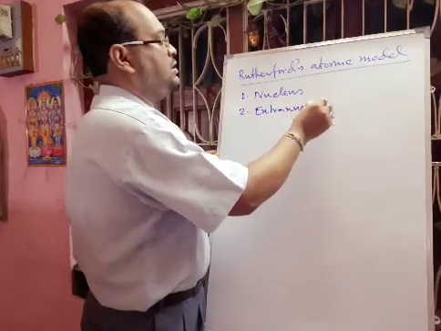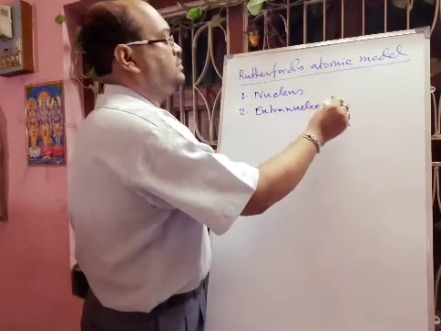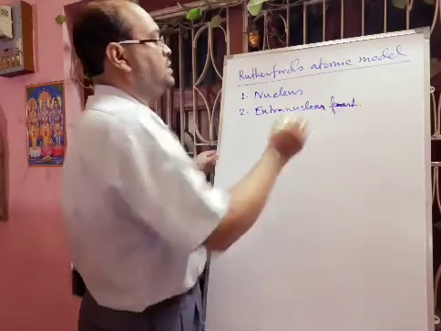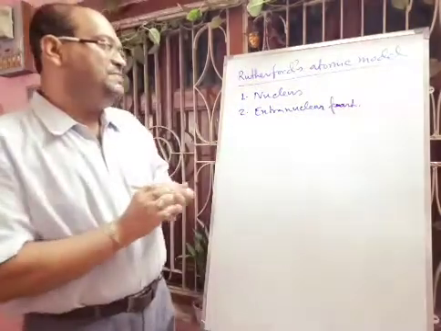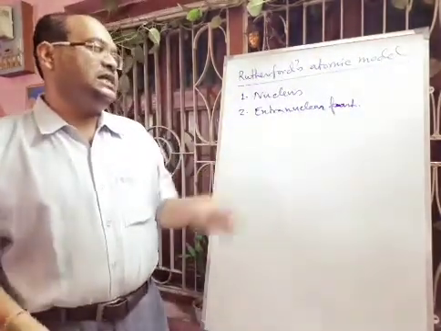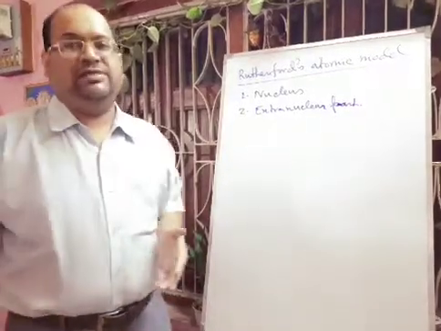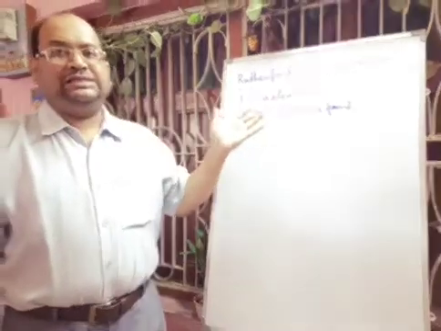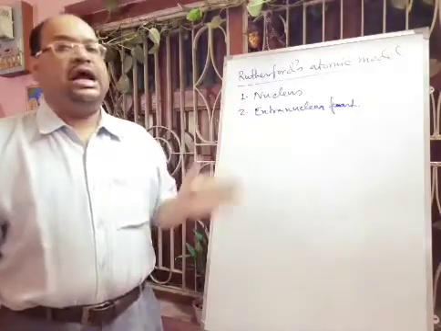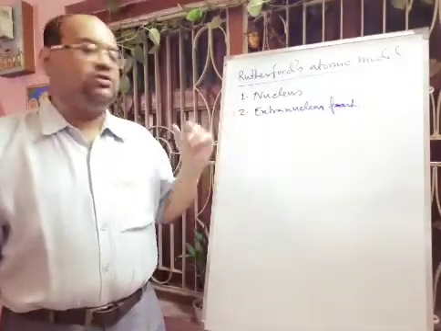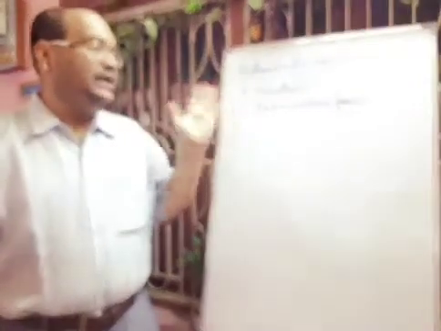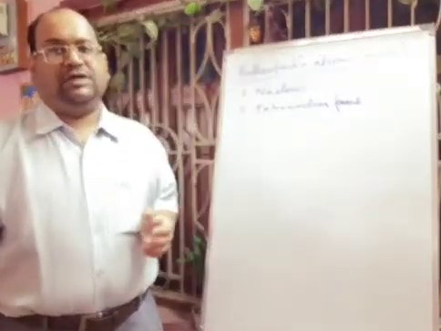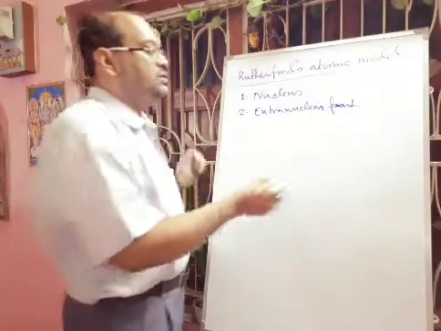All of you know that the nucleus is present at the center and the extranuclear part is outside the nucleus. The nucleus is in the middle of the atom and it contains protons, so it is positively charged. If we draw the diagram, then you can easily understand.